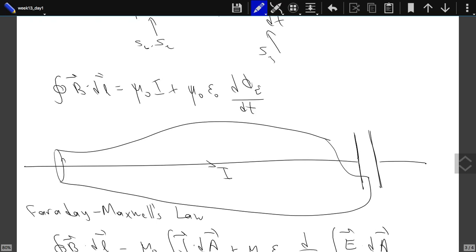The charges, when they reach over here, of course they stop here. There are no charges moving across my capacitor. They are just accumulating at these plates, but this changing electric field acts as if it is just a different kind of current. Not a current created by moving charges, but a current created by changing electric field.